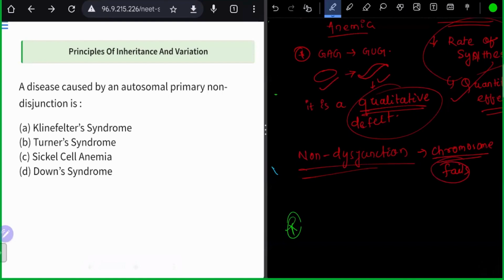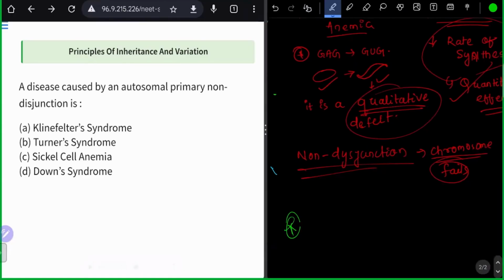In the cell cycle, we know there is a step of chromosome separation or segregation. In non-disjunction, the chromosomes fail to separate properly during cell division, which leads to an abnormal number of chromosomes, right? So it is a chromosomal disorder.